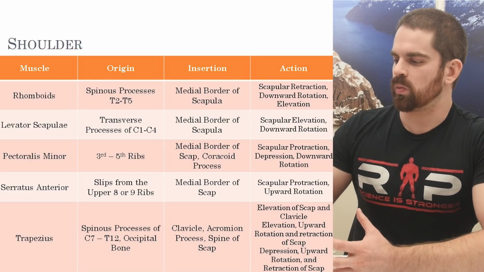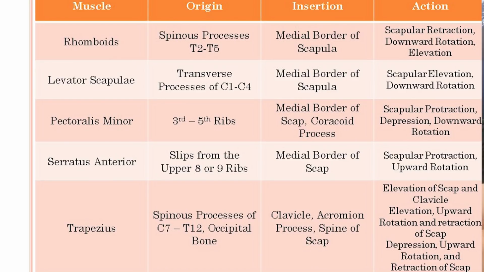For each one, we have the origin and insertion, which we talked about in the last video. If we know the origin and the insertion for each muscle group, we can start to do a little vector analysis and figure out, okay, if I know it starts here and ends here, and if the muscle can only shorten, I have a pretty good idea of what types of movements that muscle is capable of.